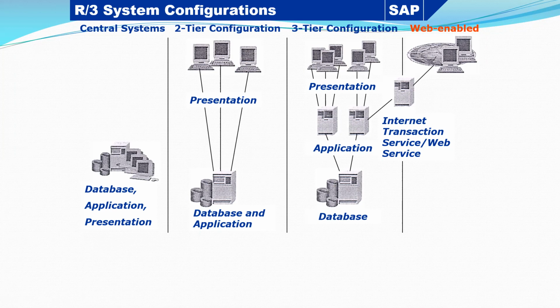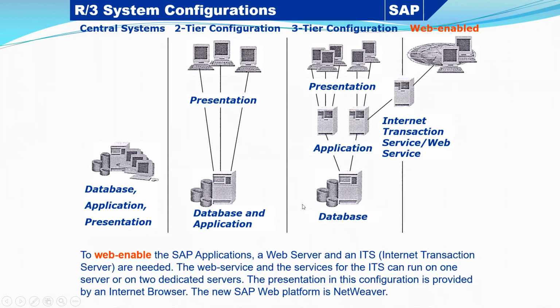In the second generation, the presentation layer is separated from the database layer and application layer. And in the third generation, the presentation layer, application layer and database layer are all separate. Clear? Till 2013, SAP was following the same environment.